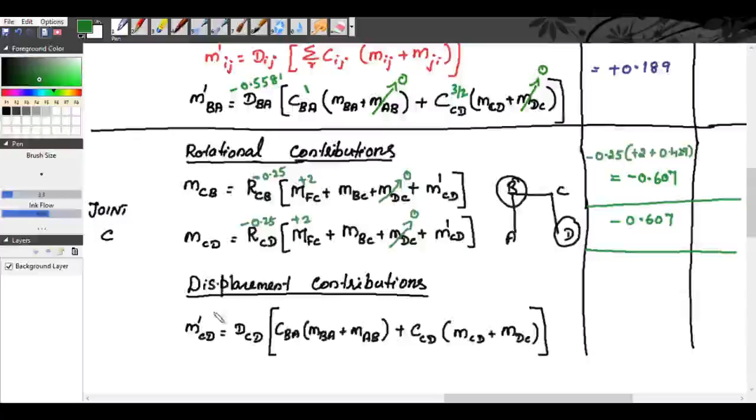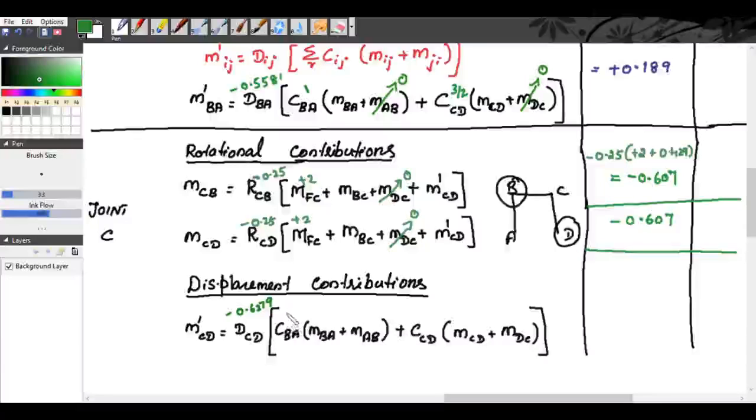So, what we get is DCD, the distribution factor for the column CD, is minus 0.6279.